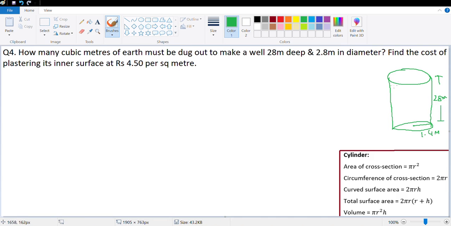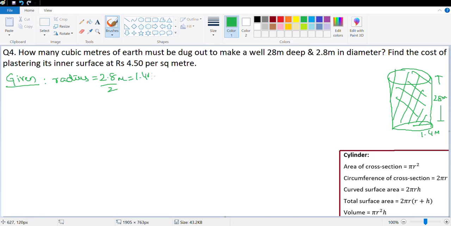So they want to figure out how much earth needs to be dug out, which means we're looking at the volume. So let's write it down. Given radius is equal to 2.8 upon 2 meter, which is equal to 1.4 meter. Next, depth, which is equal to height, is equal to 28 meter.